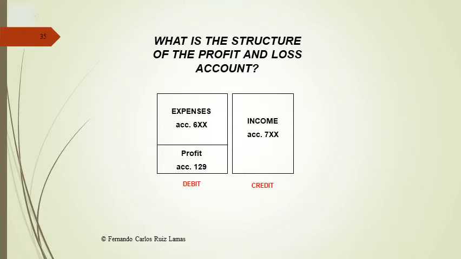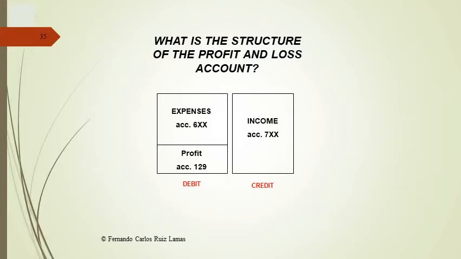We have previously mentioned that the account 129 stands for the result for the period in the profit and loss account, as the difference between income and expenses. This number is recognized as equity in the balance sheet at the end of the fiscal year.